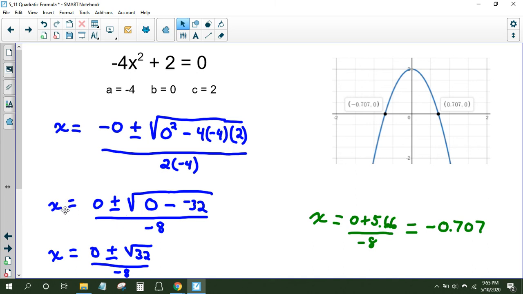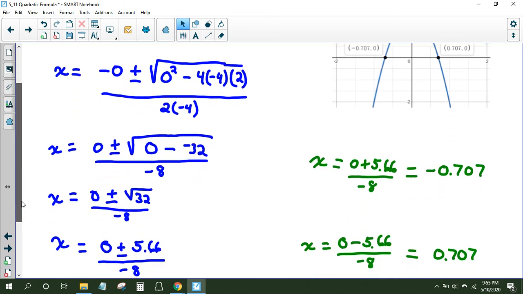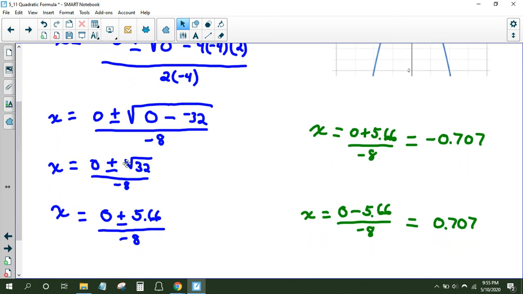So simplifying, 0 plus or minus the square root of 0 minus a -32 over -8. And then simplifying more, 0 plus or minus the square root of a +32 over -8 equals 0 plus or minus 5.66 over -8.